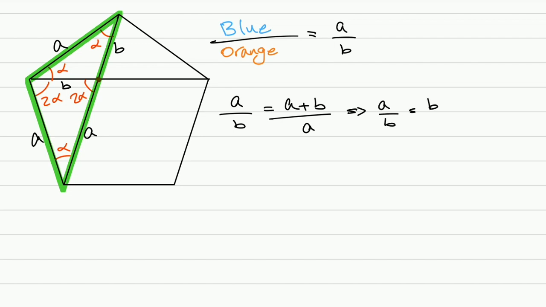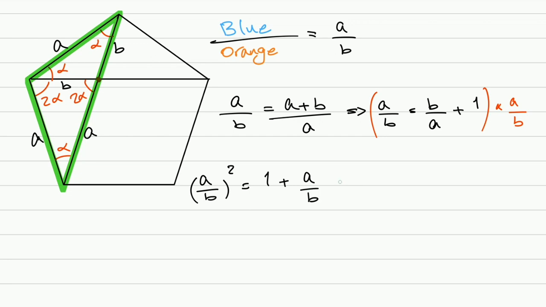We have B over A plus 1. Now if I multiply everything by A over B, we'll have A over B to the second power is equal to 1 plus A over B. Now let's take everything to one side. A over B to the second power minus A over B minus 1 is equal to 0.